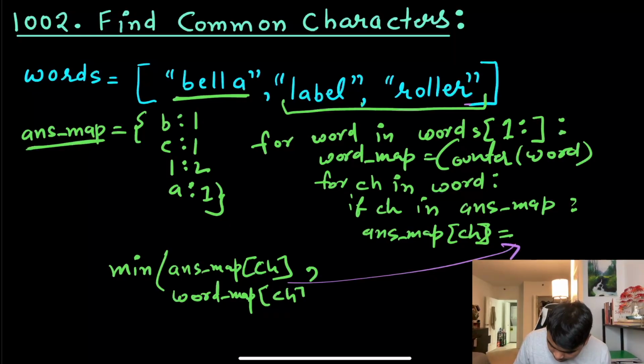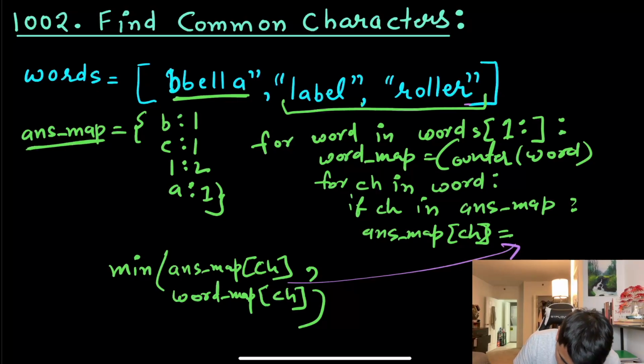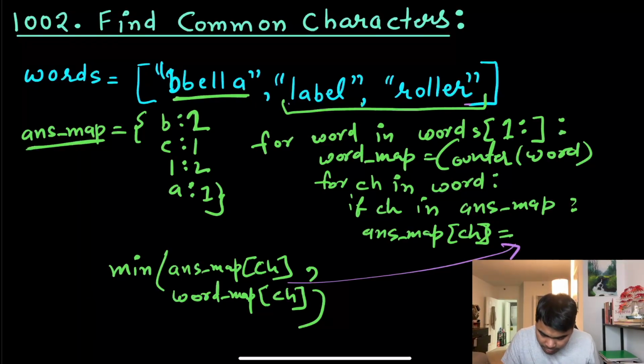The reason is, let's say here in Babella I had one more b. So here the count of b would be 2. Now when I was going over label and I came across b, although there are 2 b's in Babella, here in label it's just 1.